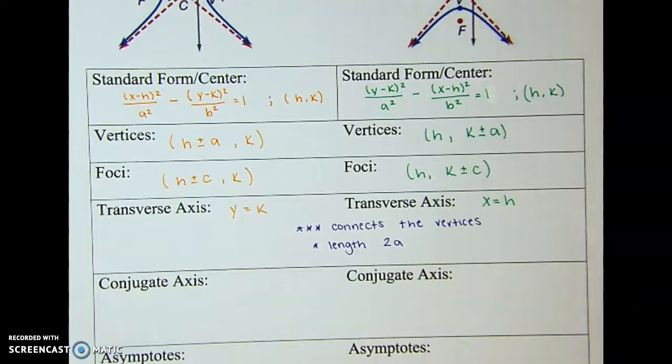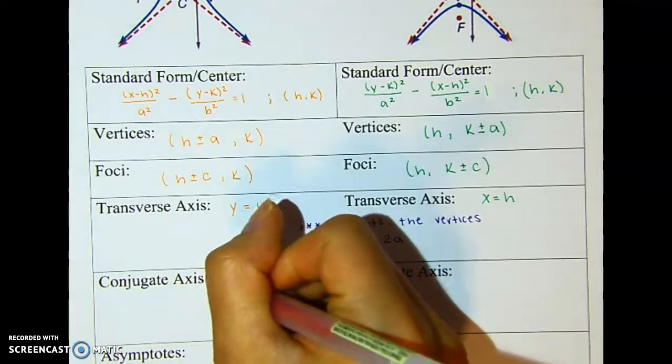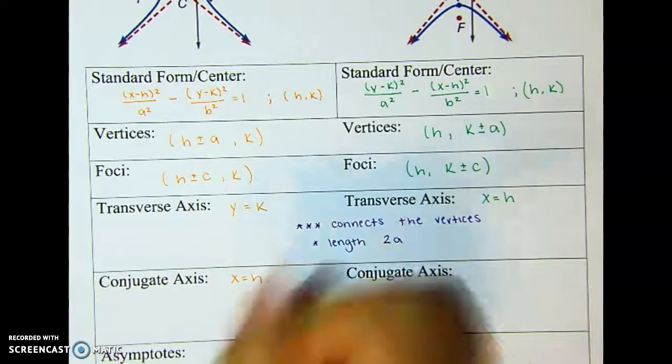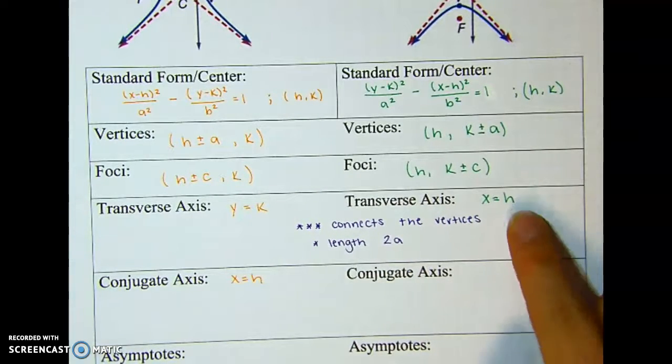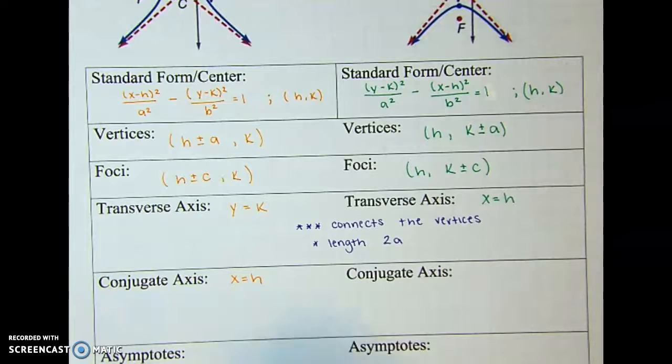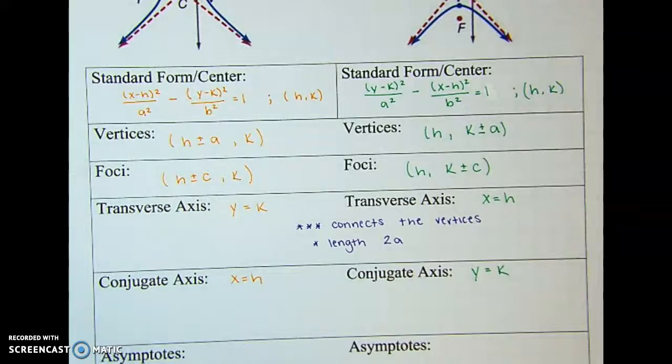The conjugate axis, for this one, because it's y equals k here, it's going to be x equals h. And then for this one, because the transverse axis is x equals h, the conjugate axis will be y equals k.